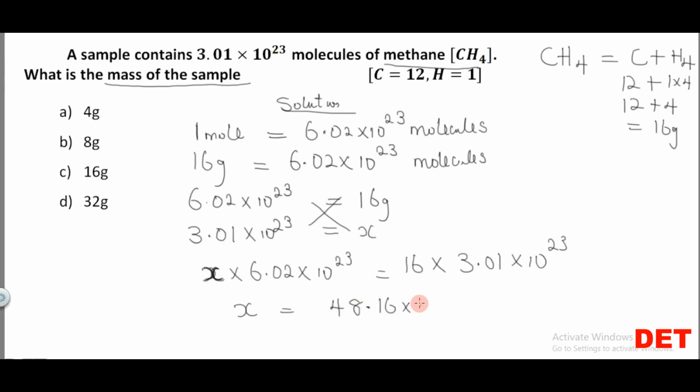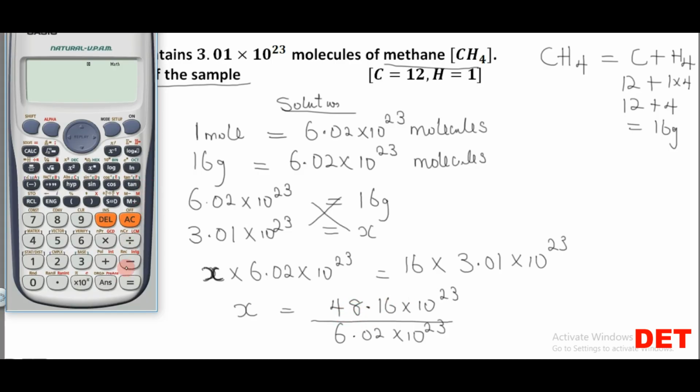So that is 48.16 times 10 raised to the power of 23 divided by 6.02 times 10 raised to the power of 23. The next thing I will do is to bring out my calculator and divide this number.